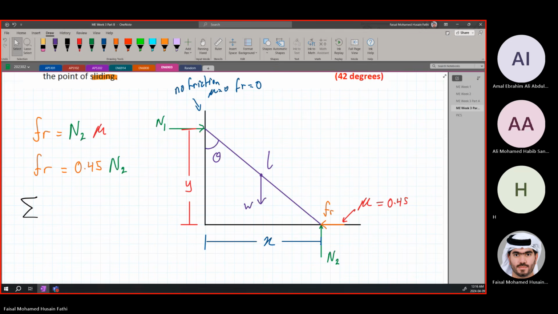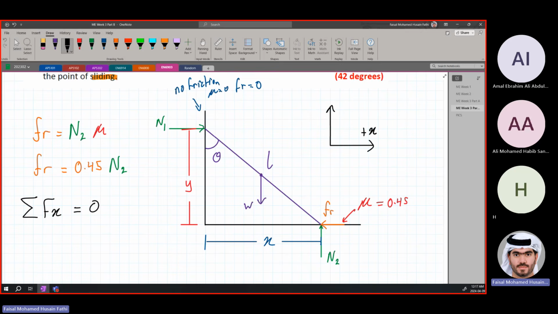So sigma Fx equals 0. We're going to look at our x. If I'm choosing my x plus and minus, let's choose it this way: plus x, plus y. It doesn't matter if you choose left or right, it's the same. I usually prefer using it this way. The only forces applied on the x are the Fr over here and the N1 from up here.